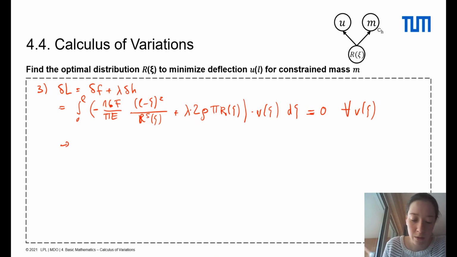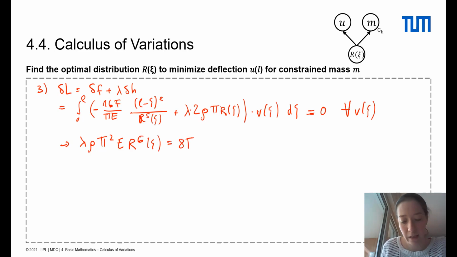So we know that lambda times rho times p squared, I can take that on the other side, times r, now we got another r as well, to the power of 6 is 8f, L minus xi squared.